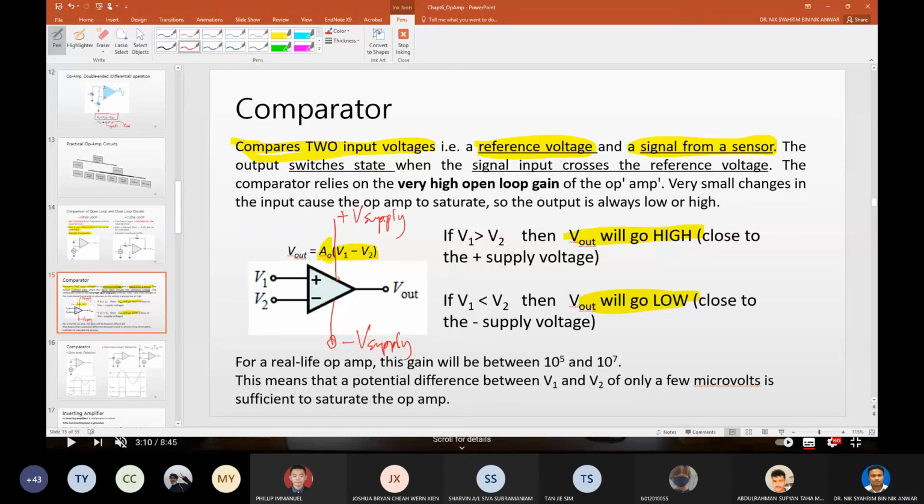So if you put, for example, 9 volt and minus 9 volt. Normally in electronics they use 5 volt and low maybe minus 9 volts.